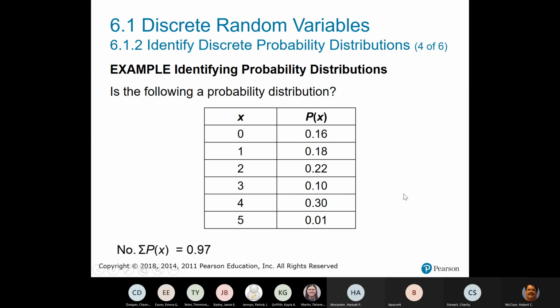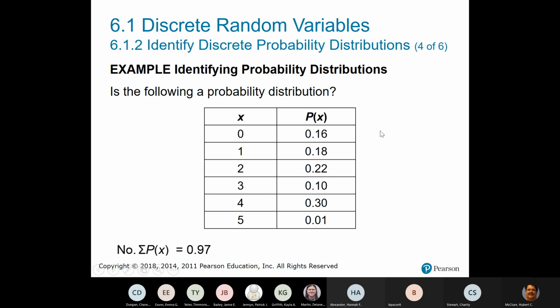That is not a probability distribution. The reason it is not a probability distribution is because if you add up all the probabilities, you get 0.97. That is not a probability distribution.